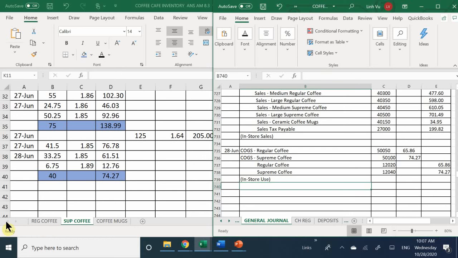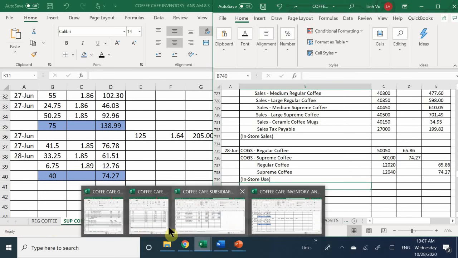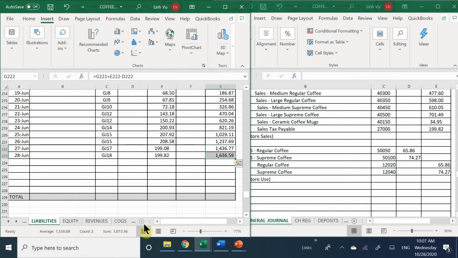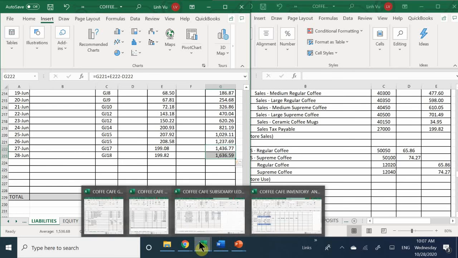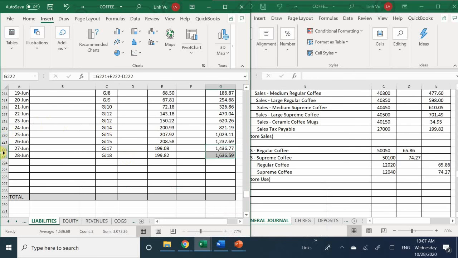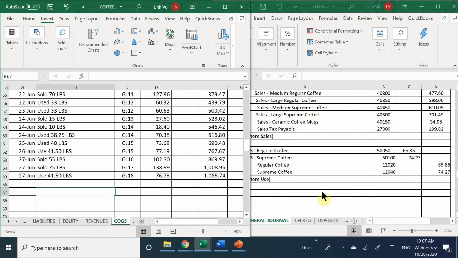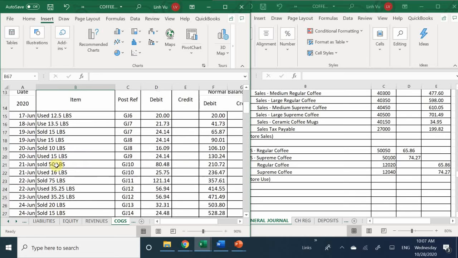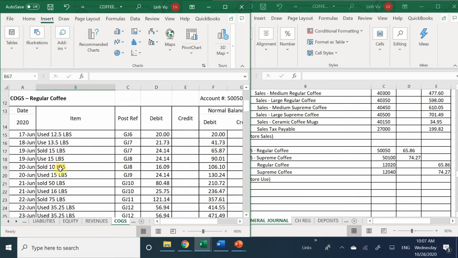So next is going to be the general ledger, not the subsidiary. It'd be the ledger, just the regular general ledger. We're going to go to COGS regular.